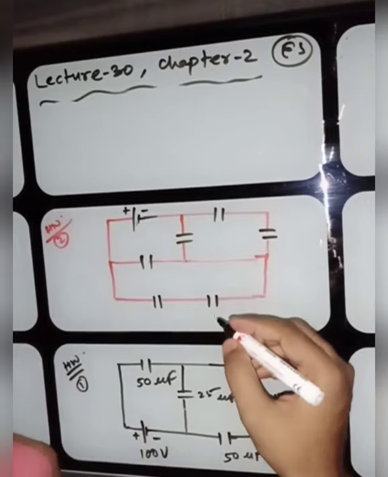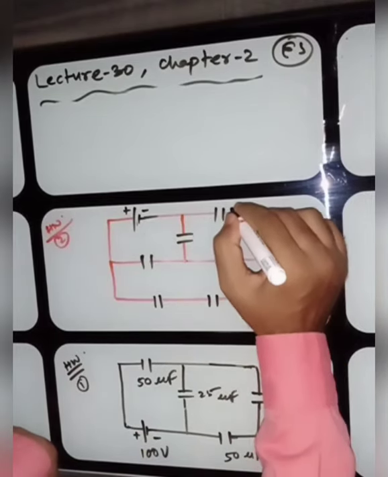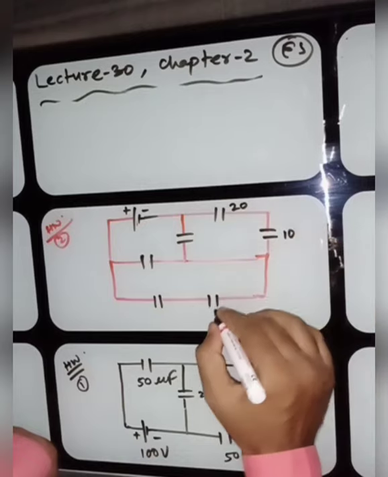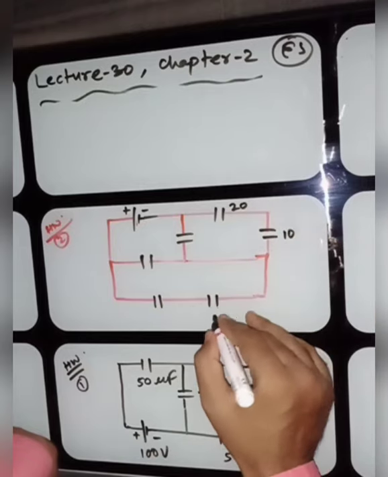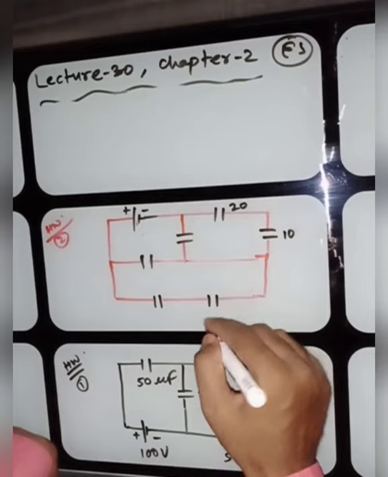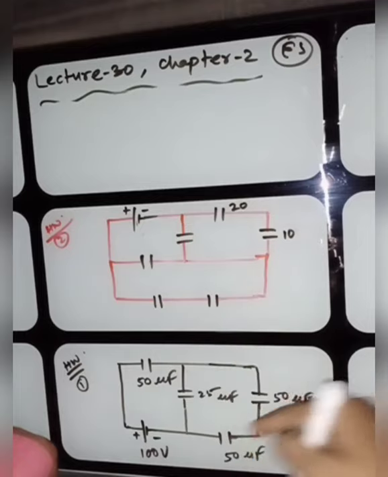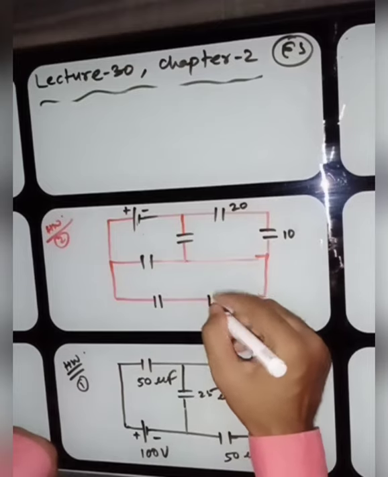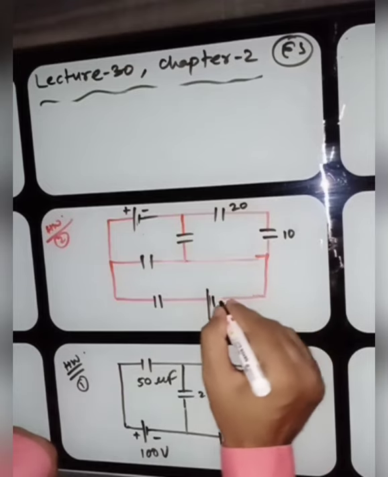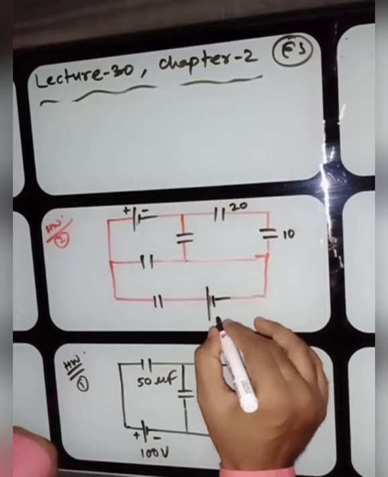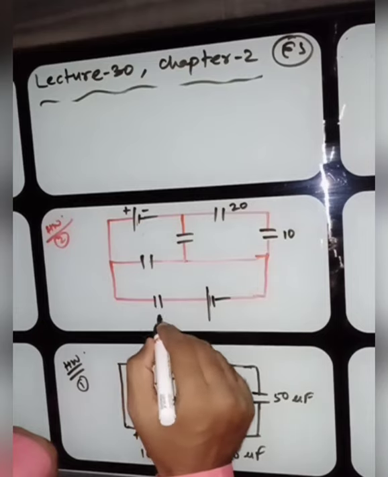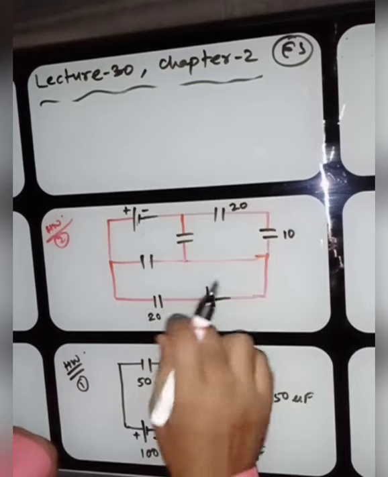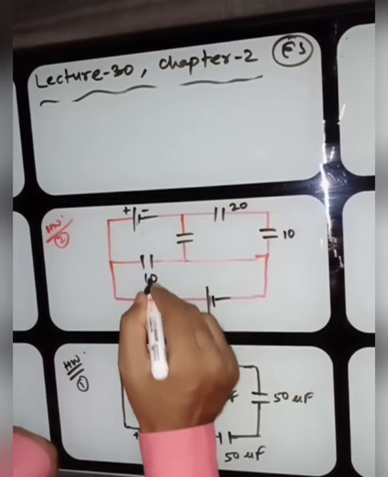Now I'm giving you the values. Suppose it is 20 microfarad. I'm not writing the microfarad, you can understand. 10 microfarad. Here we have studied for one battery. Now let there be two batteries in this question. Suppose 20 microfarad, 10.